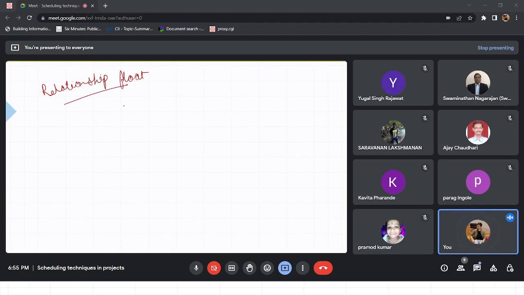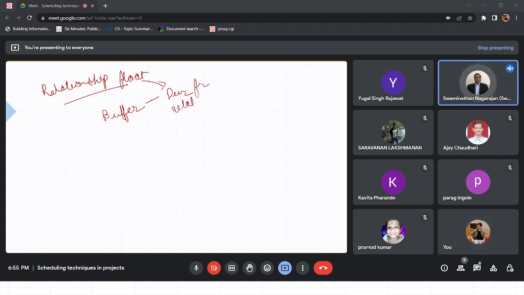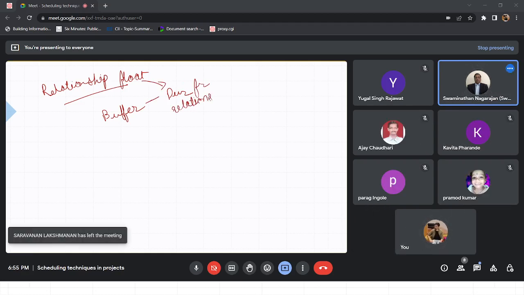Okay. In the previous relationships, you saw a buffer, or you can say duration attached to the relationships, right? You mean in terms of lags or lead, right? Yeah. I will write lag, lead.